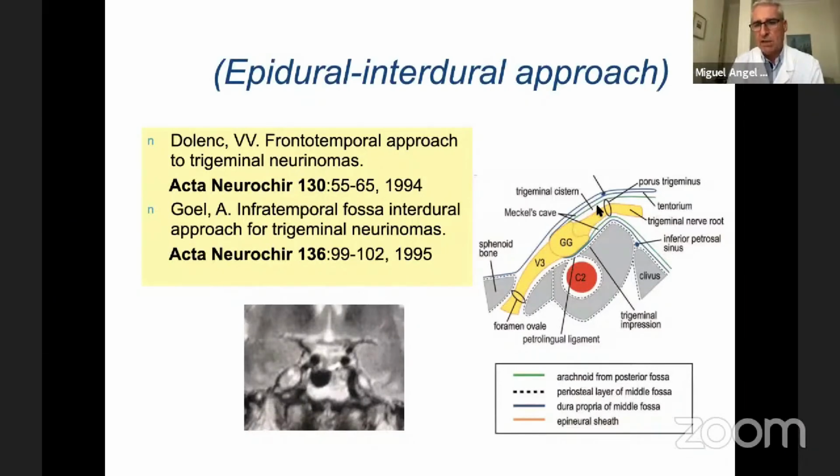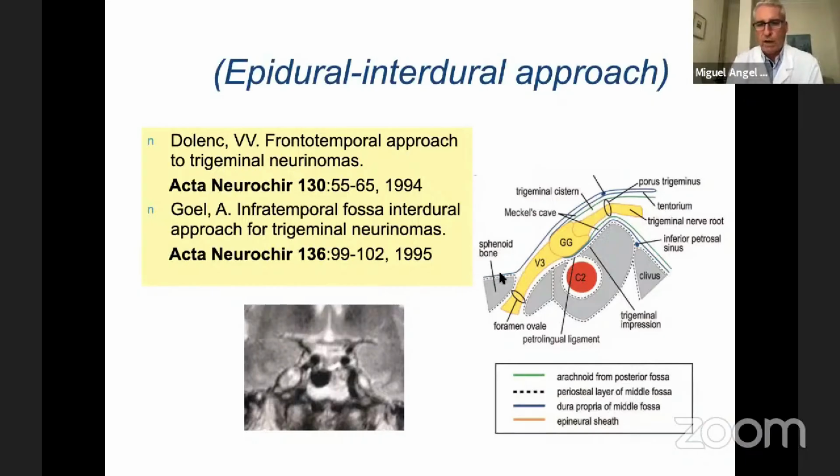And trigeminal cistern, that is variable according to anatomical factors, maybe absent or maybe huge. Trigeminal cistern is expressing the CSF around the nervous content inside Meckel's cave.